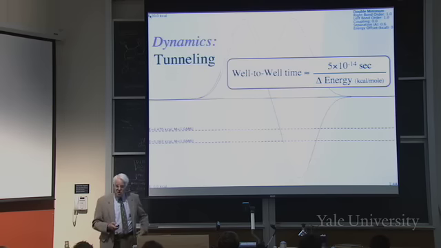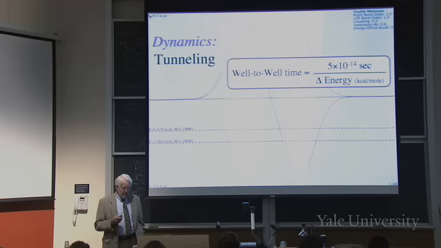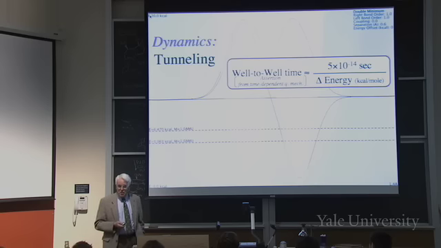But let me just tell you that the answer is, if you know the energy difference between the blue and the red, the rate of getting across is 5 times 10 to the minus 14th seconds divided by whatever that energy is expressed in kilocalories per mole, right? This is just an assertion, and it's based on time-dependent quantum mechanics. It's true, but I'm not telling you why, so you won't be satisfied, I hope, okay?